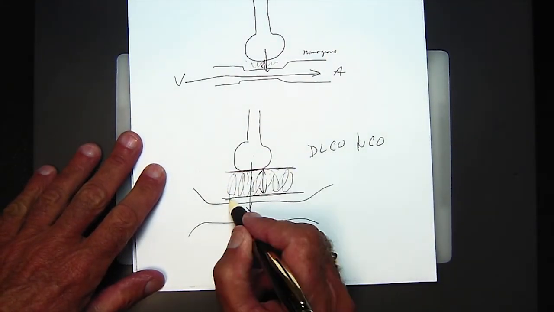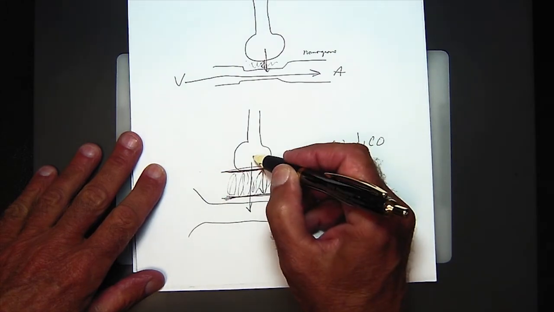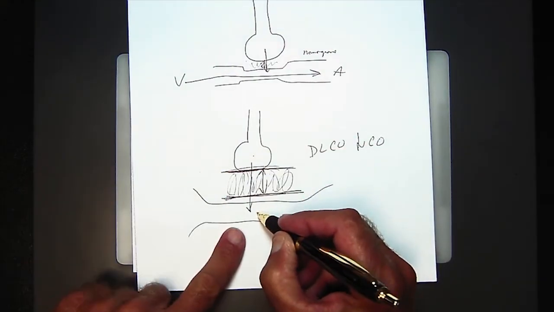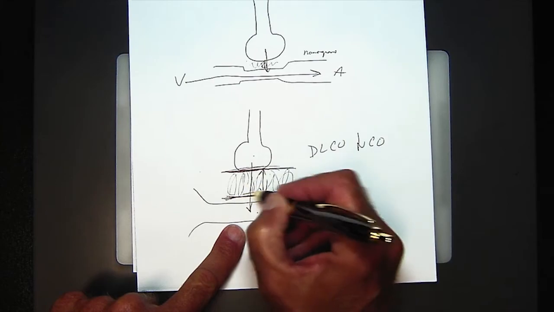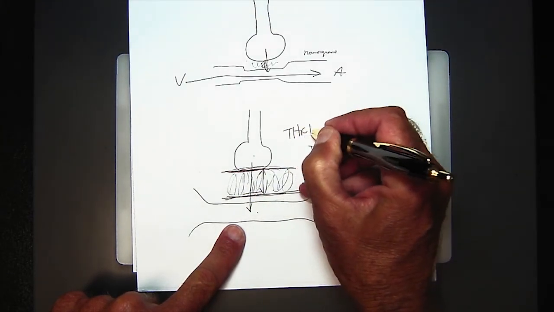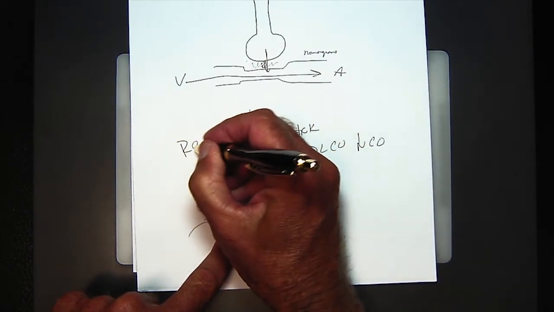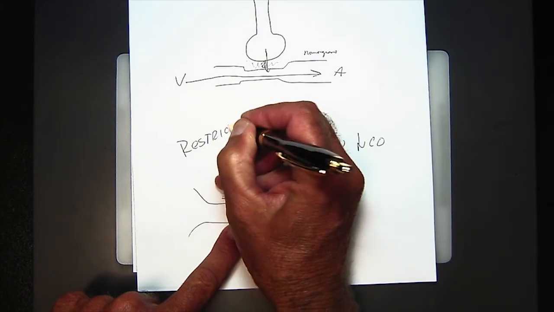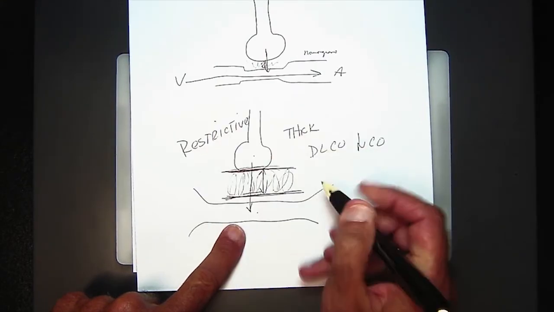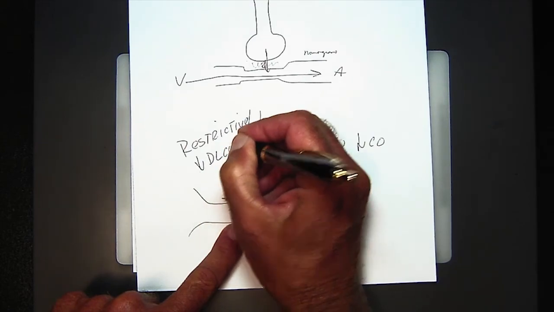They have a thicker membrane between the lung and the capillary. So their pulmonary capillary membrane is thick. Now, we said this usually occurs in restrictive disease. So usually the patient that has restrictive lung disease has a decrease in DLCO.